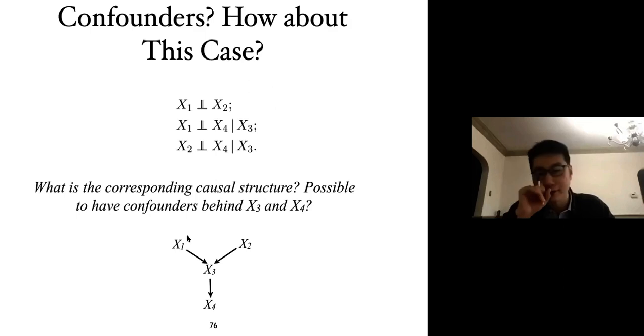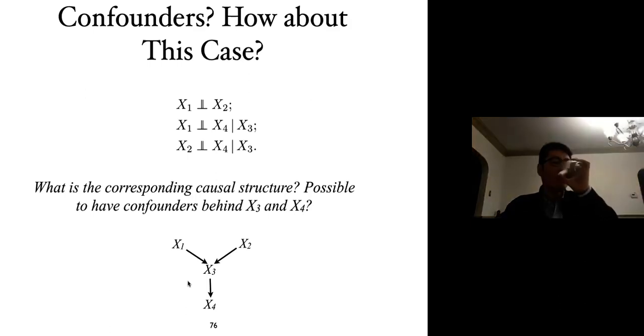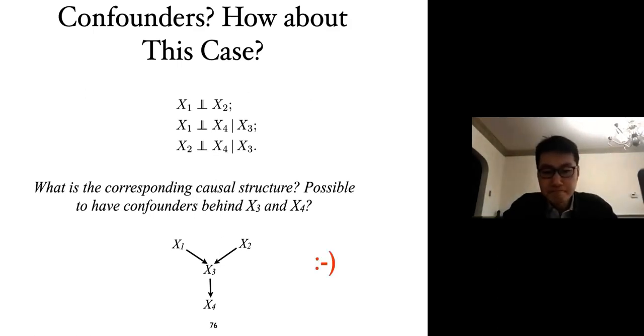Okay, now the question is, do you think it's possible at all to have a confounder behind x3 and x4? Is it possible? No, it's not possible.